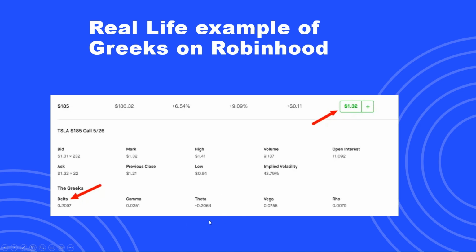So yeah, Gamma is the representation again of how much an underlying asset moves, how much it will affect the price of the delta, right? Vega, again, is how much the price of a contract will move relative to implied volatility, which is this number here, 43%, right?